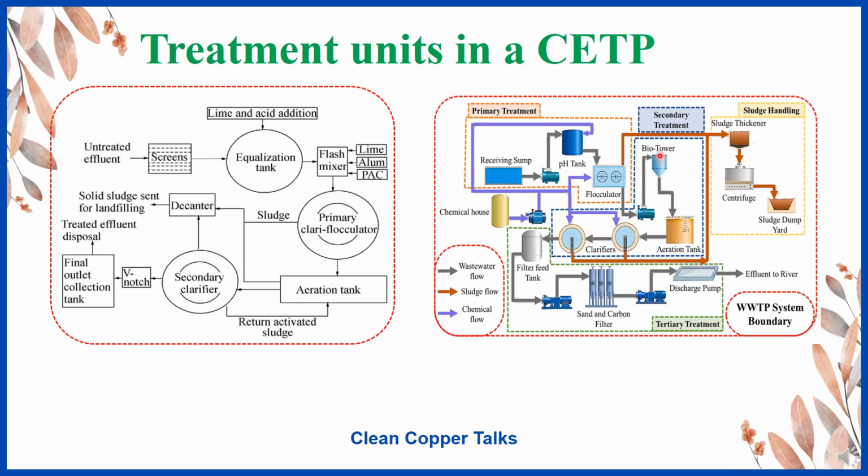In between, something which I have left is the sludge thickeners. Every clariflocculator or sedimentation clarifier where sedimentation is taking place generates sludge, and that sludge is taken and sent to decanters or sludge thickeners, from where it is finally dumped into sludge drying beds.